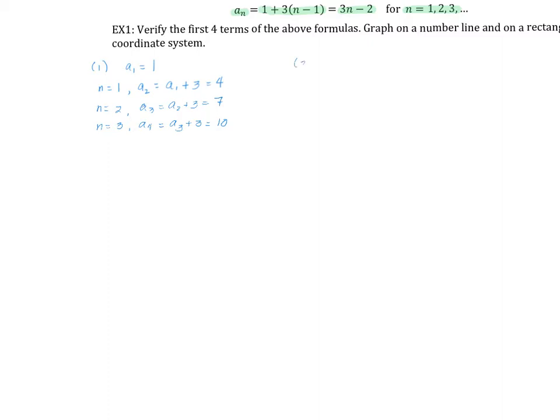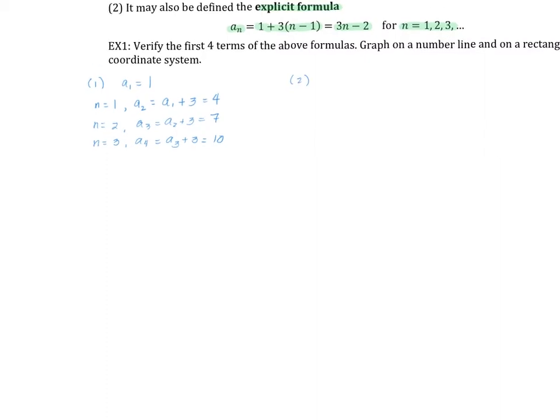Let's go ahead and try the explicit formula. So notice the explicit formula, 3n minus 2, that just is determined by this n. So these a sub n's, these are terms. The n is an index.